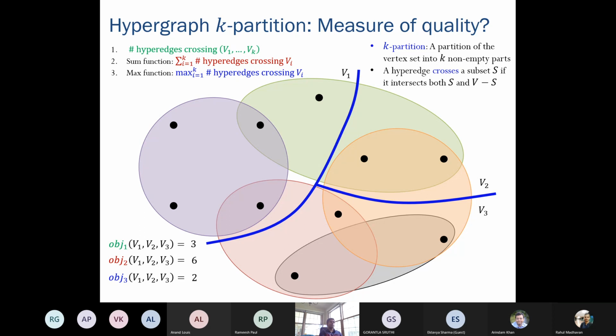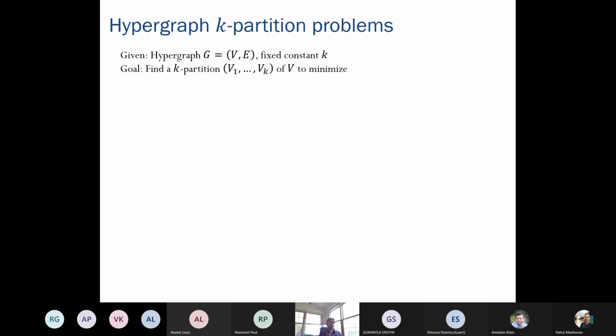Now, each of these measures leads to a natural objective in hypergraph K partition problems. In hypergraph K partition problems, we are given a hypergraph and a fixed constant K. Think of K as 2, 3, 4, 5, and so on. It is a fixed constant that is independent of the number of vertices in the hypergraph. The goal is to find a K partition so as to minimize the measure of interest.